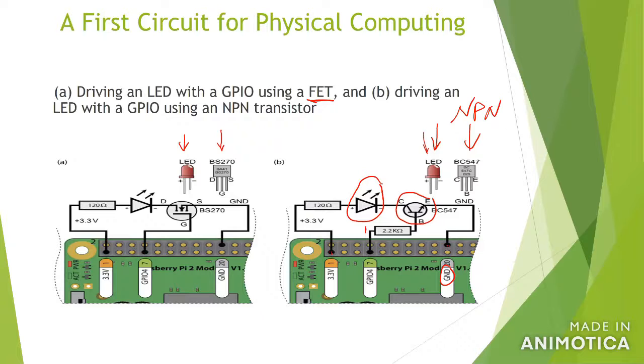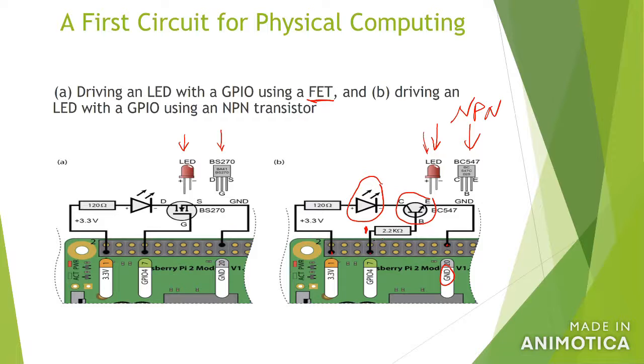So you have a 3.3 volts pin from the GPIO of the Raspberry Pi, and the ground pin from the GPIO of the Raspberry Pi. And this is a PWM output pin. This PWM output pin can output logic 1.